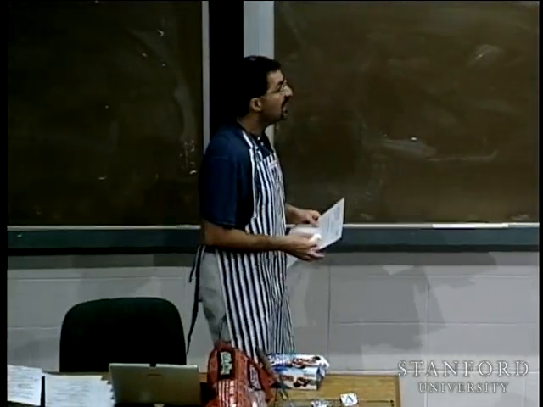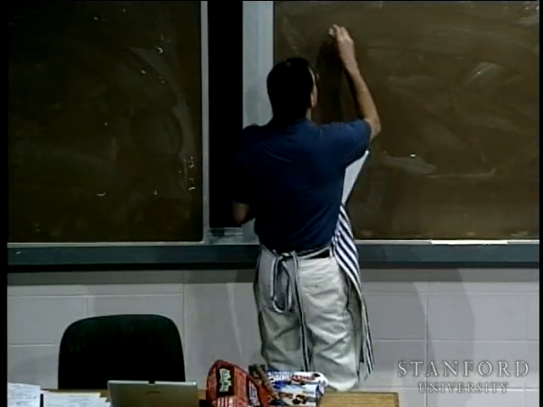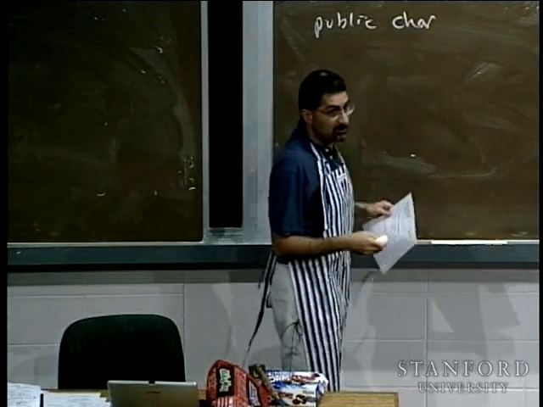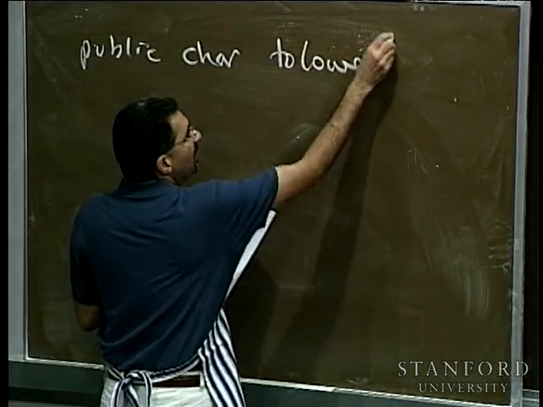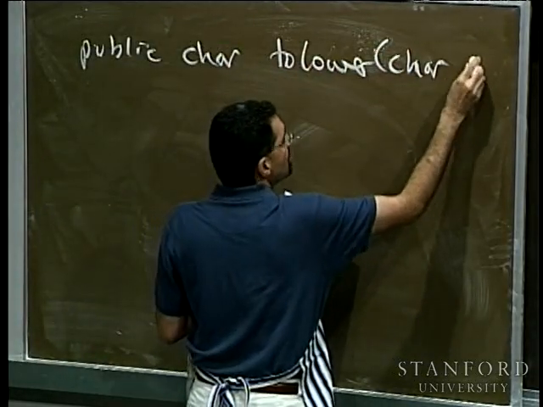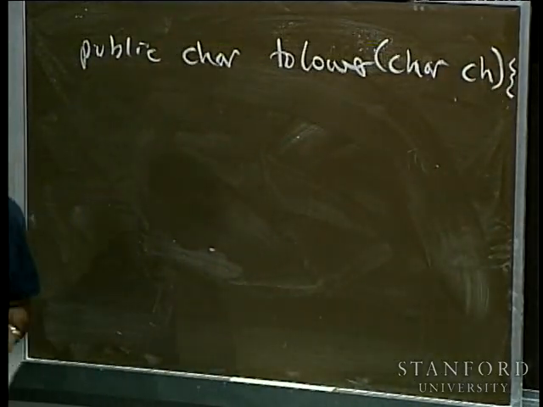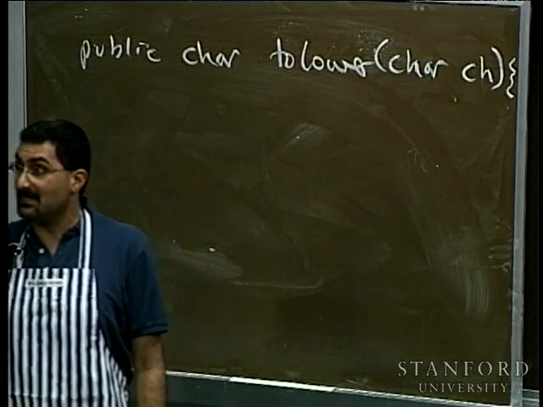It's kind of fun. Let's say we want to convert a character to a lowercase character. So we might have some method, public, that returns a character, which is the lowercase version, I'll call it toLower, of whatever character is passed into it. So it's passed in some character ch, and what it's going to return is the lowercase version of that character. The first thing it needs to check is, hey, did you give me an uppercase character?